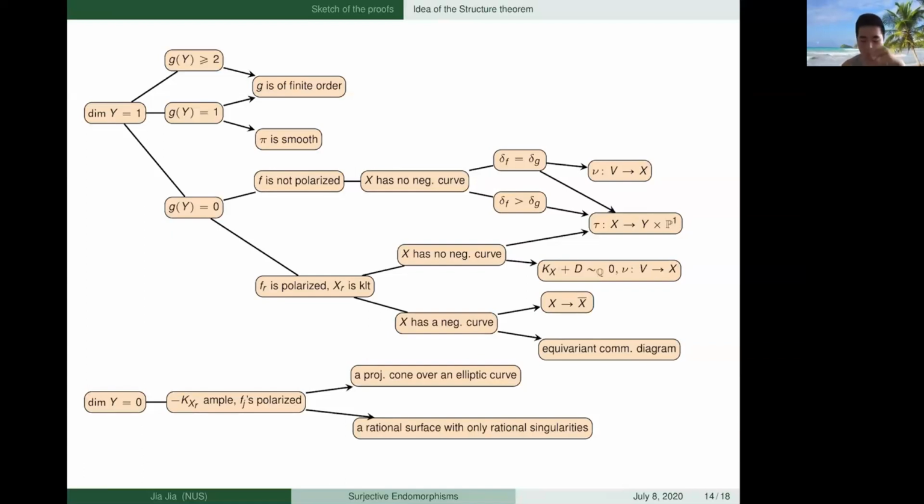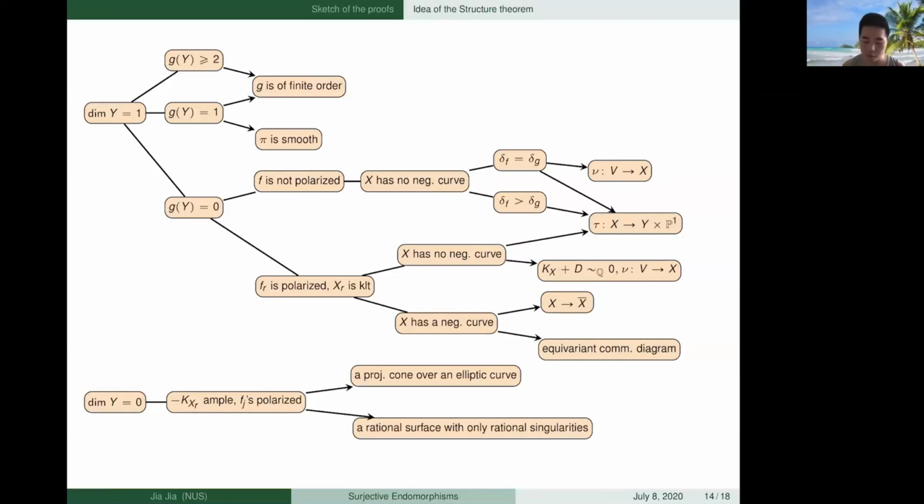Also, a general result of the dynamic degree is that delta of F is greater or equal than delta of G. So if delta of F is greater than delta of G, by a result of Dr. Sherman and Professor De-Qi Zhang, we know this F descends to a splitting endomorphism of Y cross P1.